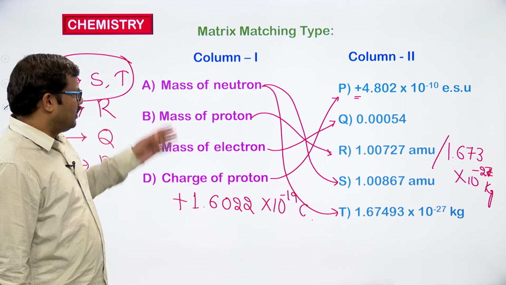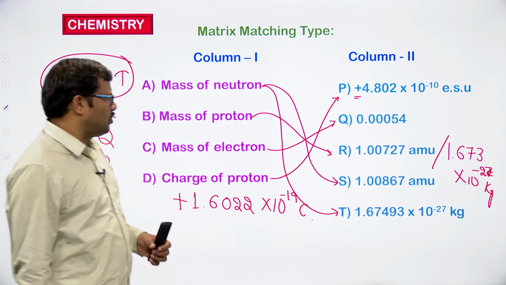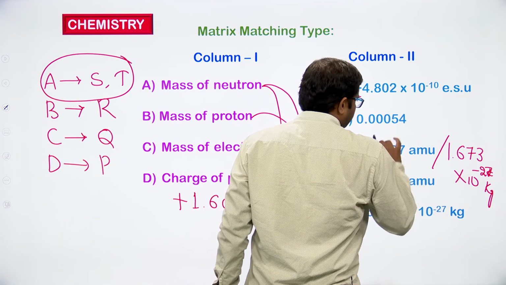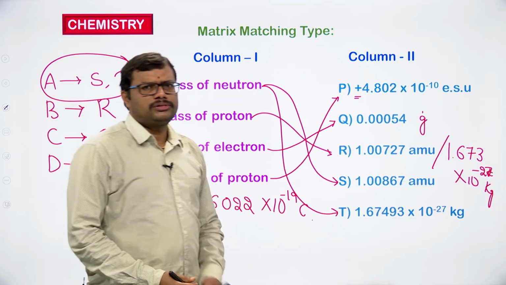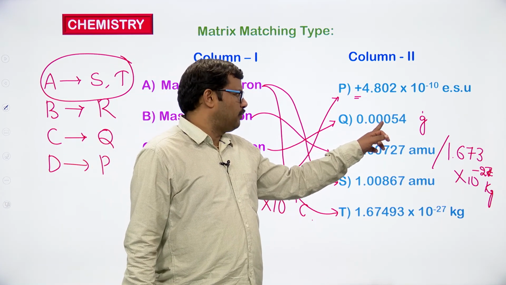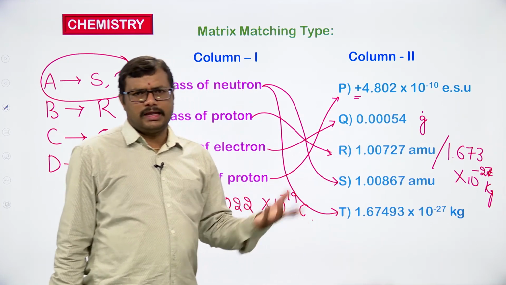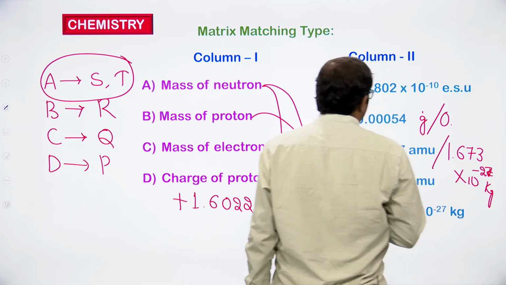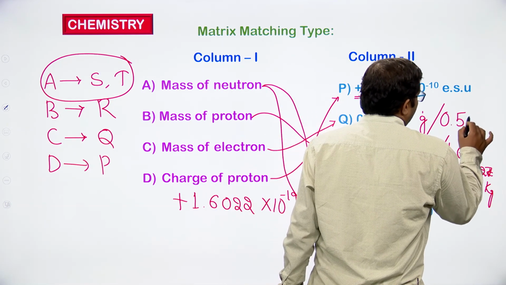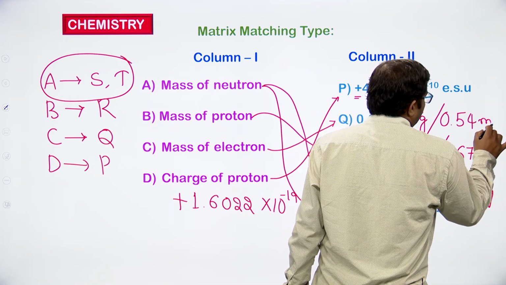Okay. And similarly, here the mass of electron is given in terms of grams. 0.00054 is the grams. Okay. Or there is also a chance of giving this in the form of 0.54 milligrams.